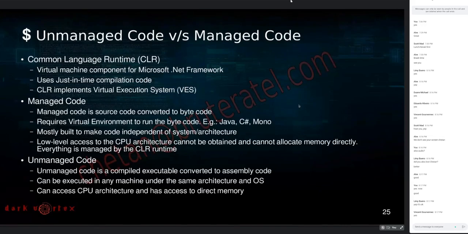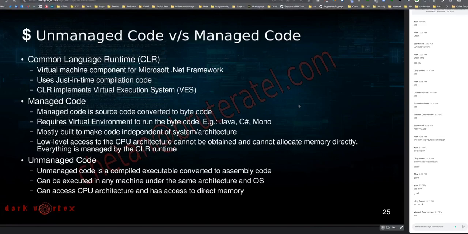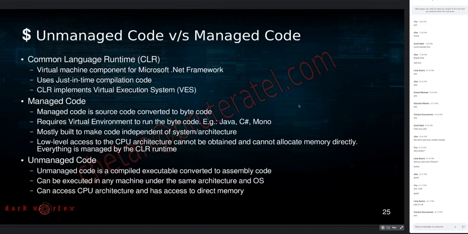One of the things about execute assembly is that it's very different from your reflective loader. Unlike your reflective loader, which calls an exported function from a DLL and loads it into memory, in case of C sharp reflection, you write simple code which starts your CLR, or common language runtime.